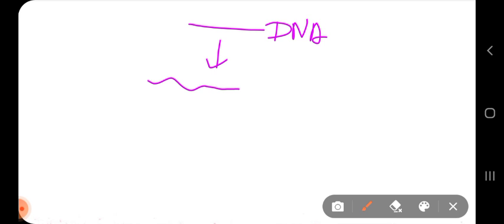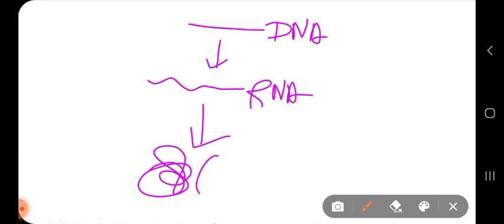Similarly, when a gene is getting mutated, suppose this is the DNA, and this DNA is transcribed to form RNA, and that RNA is translated to form the protein product.